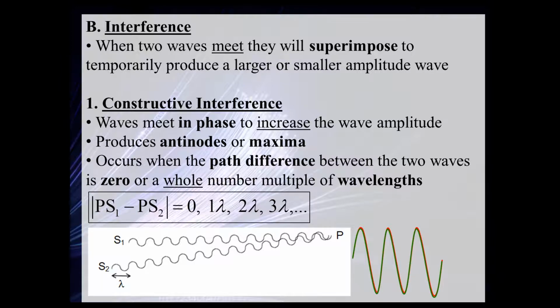What I'm going to do is take one of these waves and move it. From this starting position here, I'm going to move the wave over by a whole number multiple of wavelengths. I'll just move it over by a single wavelength. The easiest way to think of a single wavelength would be to go from crest to crest. So I'm going to move this over by one wavelength and see what happens.